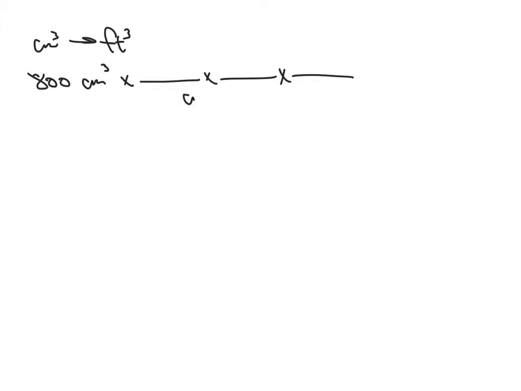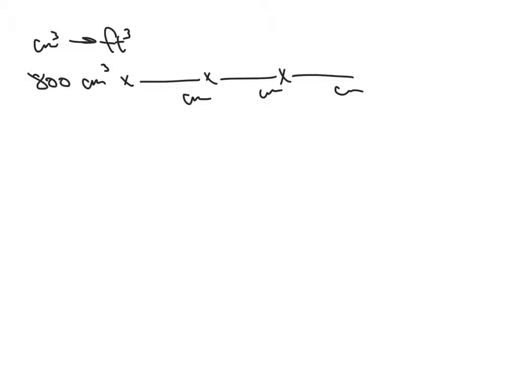Okay, 800 cubic centimeters. So centimeters cubed. And we are changing that to cubic feet. So centimeters cubed to feet cubed. So we draw our line, draw our line, draw our line. Centimeters, centimeters, centimeters.